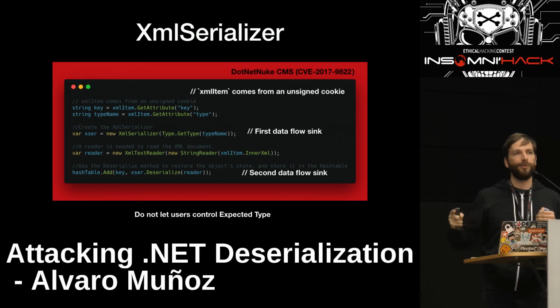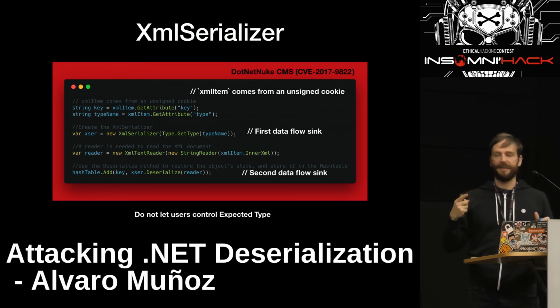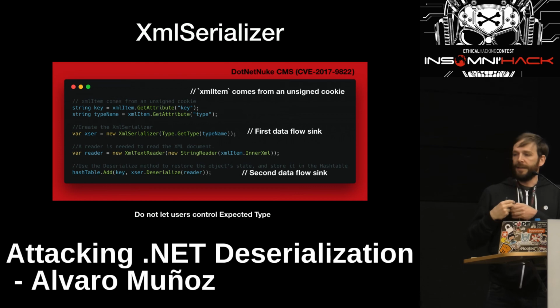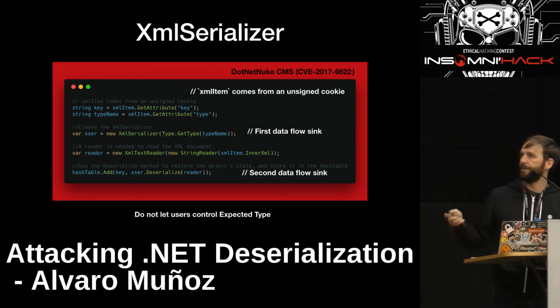So now the attacker can control the expected type. By expected type, I mean that it is only going to work with that expected type, right? So for example, if you are expecting a shopping cart, you cannot send an ObjectDataProvider, like the gadget that I showed you before. You can only send and deserialize a shopping cart.